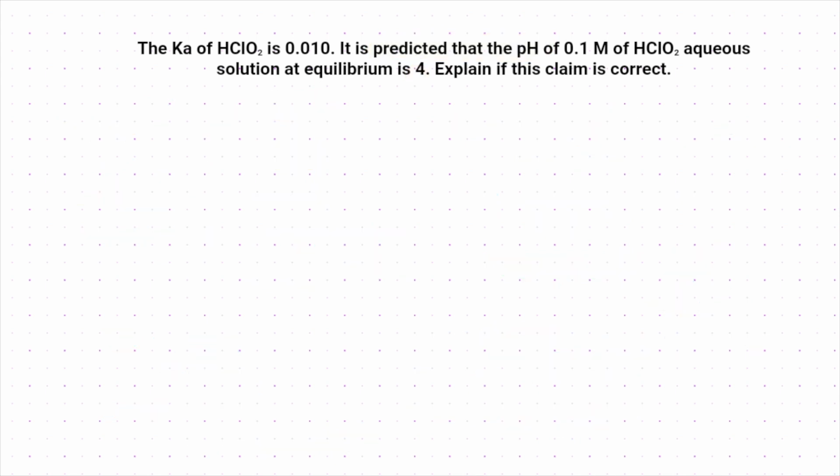From the previous calculation, we found that the value of X is 0.0262, whereby the concentration of your hydroxonium is equivalent to X, which is this value.